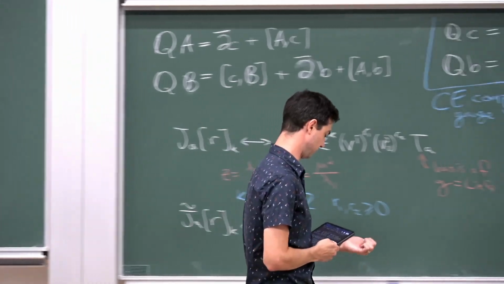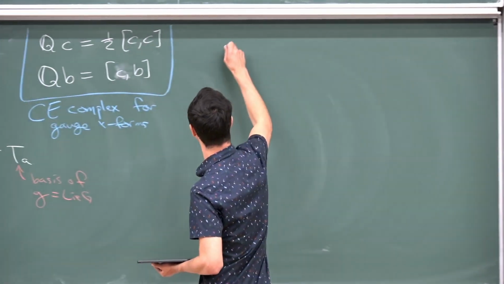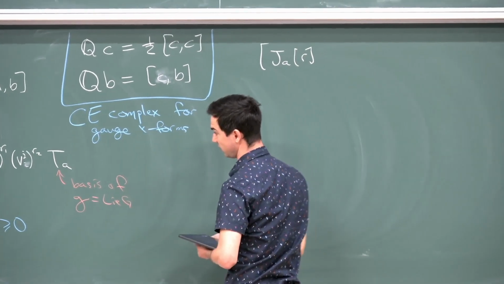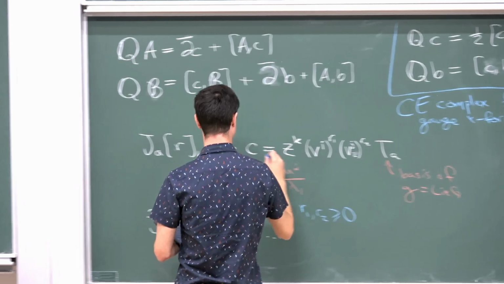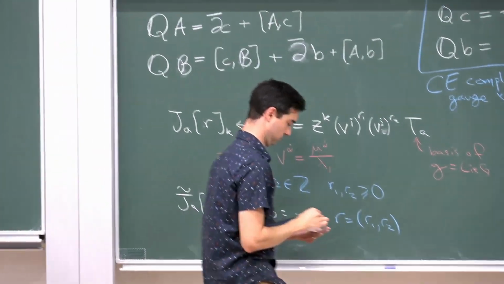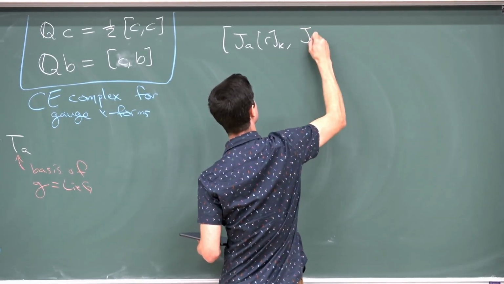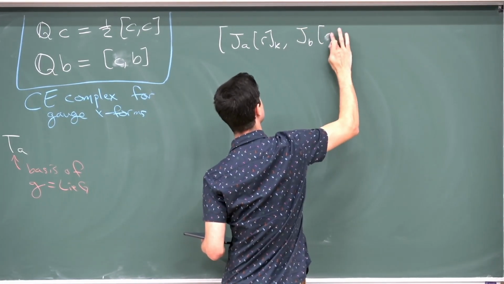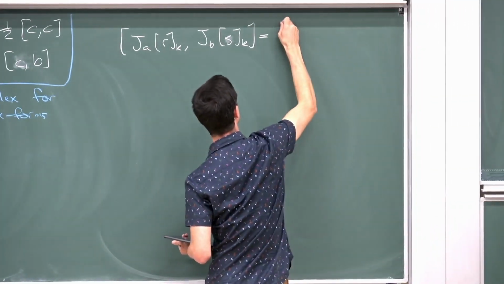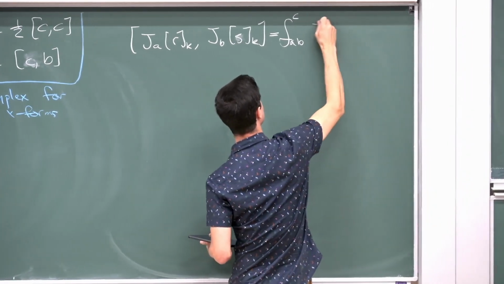And then this Chevalley-Eilenberg complex translates to the following commutators of these. Oh, I also have to say R is just the tuple R1, R2. So this will be some giant affine-like algebra with the structure constants of my Lie algebra showing up.